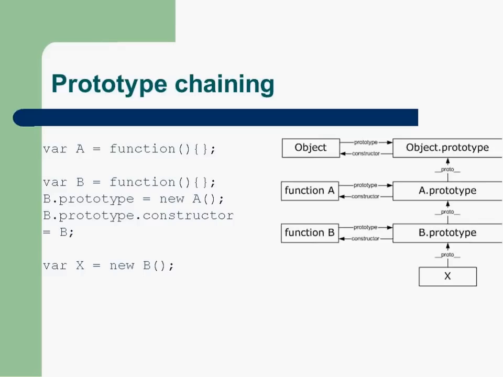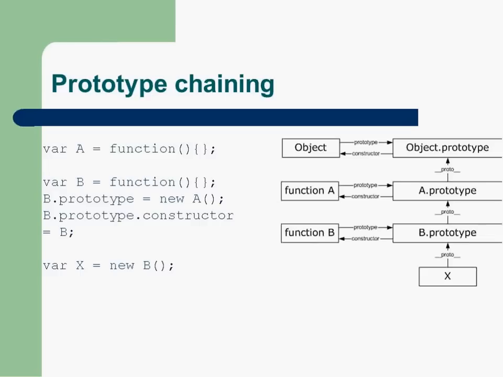You can say B dot prototype dot child property, and add multiple properties to the prototype also. And then we create an object where x is new B. So x will contain what is there in A, and in addition whatever is there in the child class.